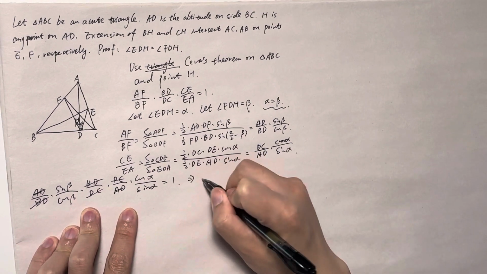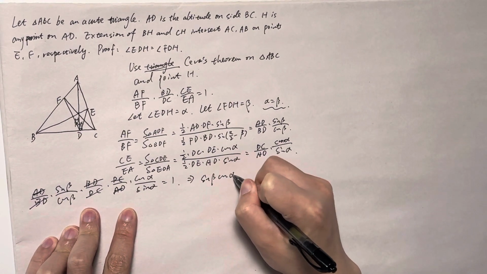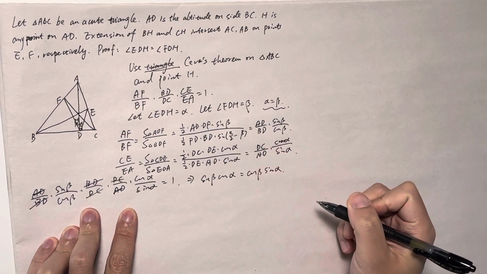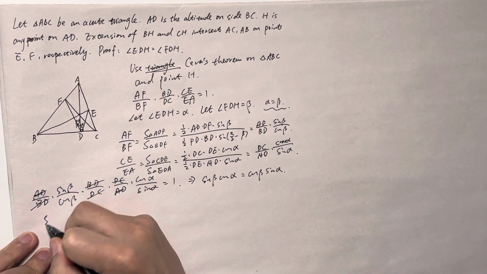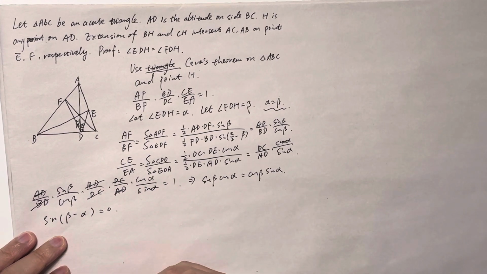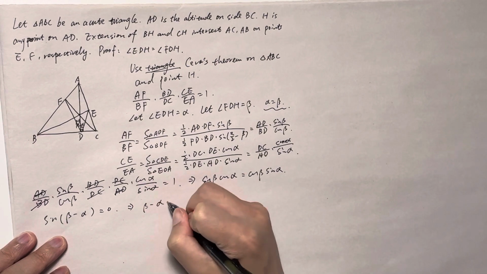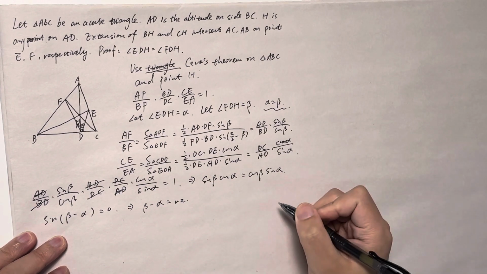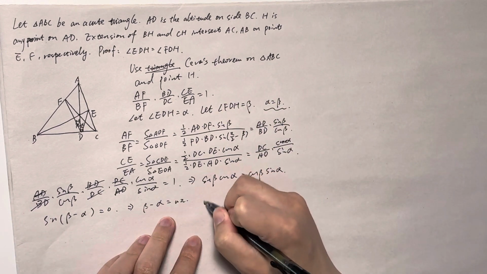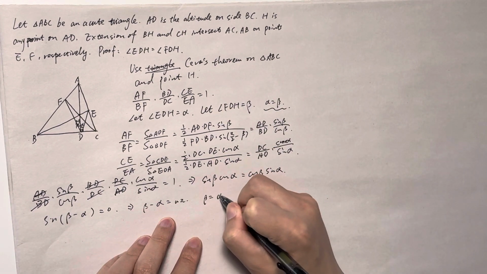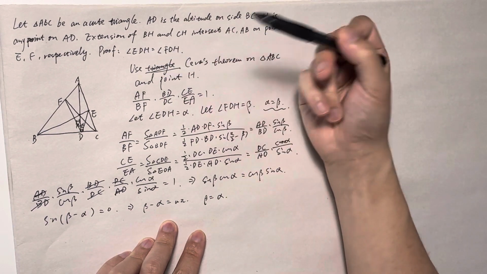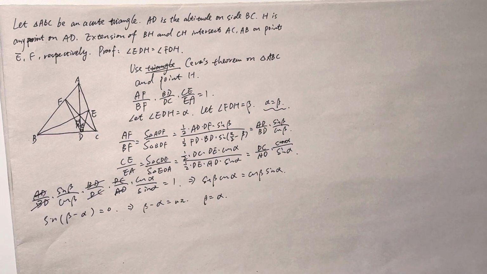So we get sine beta cosine alpha equals cosine beta sine alpha, which can be rewritten as sine of beta minus alpha equals 0, which means beta minus alpha equals n pi. So in this case, we know beta equals alpha. So we prove that angle EDH equals angle FDH.